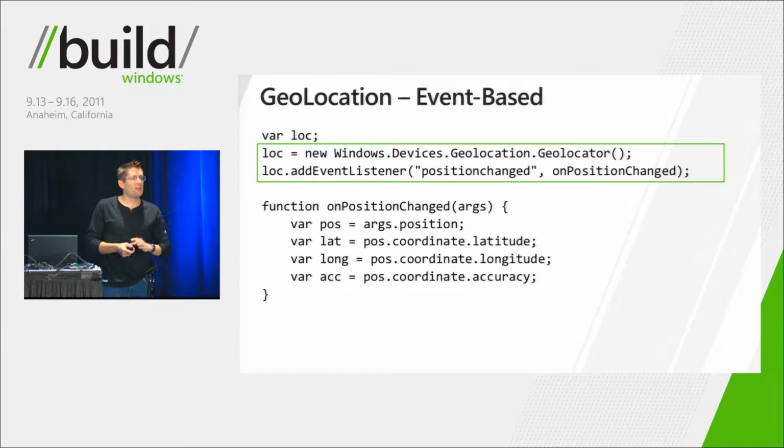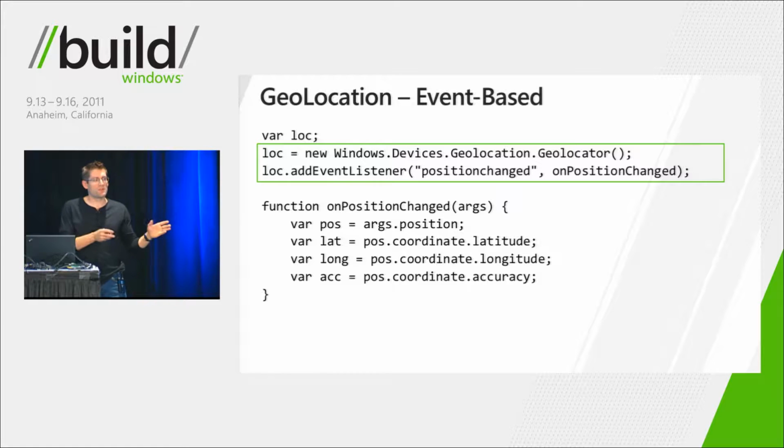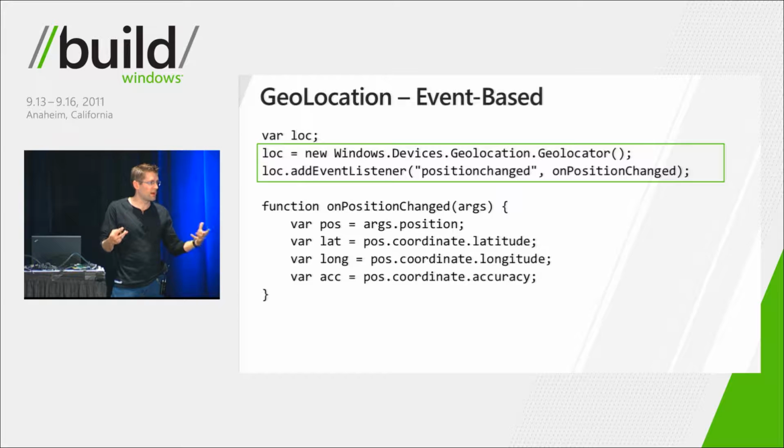We create our geolocator, but then instead of calling getGeoPositionAsync, we're going to call addEventListener and hook up an event listener for position changed. And this position changed event listener gets called whenever the user moves and whenever movement is detected by the underlying providers of location.